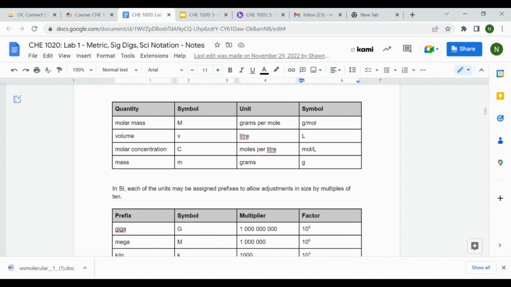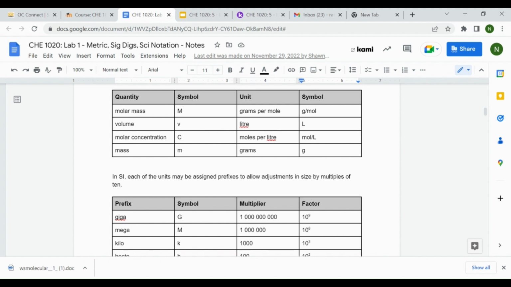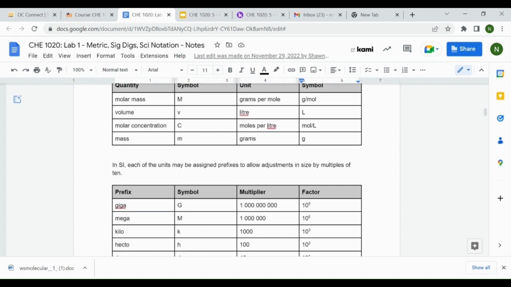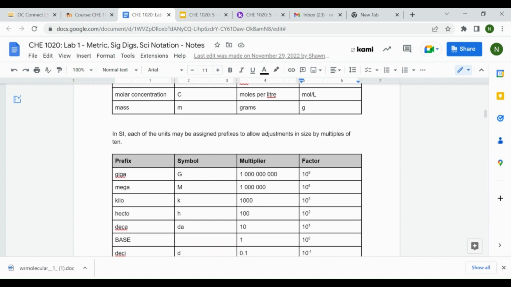So, for example, molar mass, capital M, grams per mole, and the symbol is sort of a shorthand of the unit. So, volume, V, that would be in liters, and the symbol would be L. So, again, a good idea to look these over and become familiar with these units and the measures.